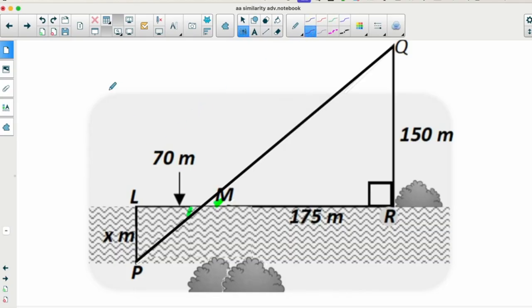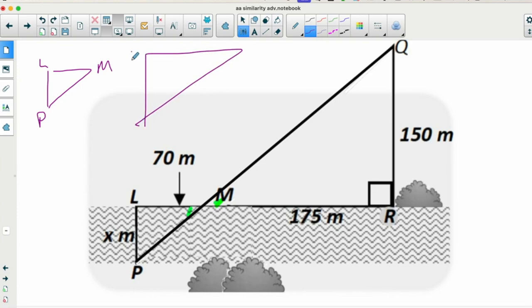So I'm going to leave P, L, and M. And then I'm going to turn the bigger one around. And R is my right angle. And RQ makes the vertical part, and M is in the same position.